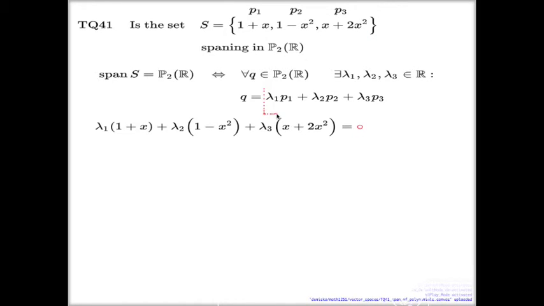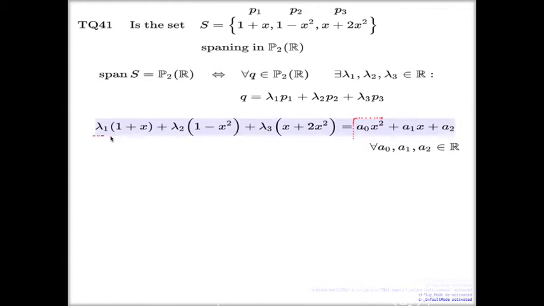For Q, since it's a polynomial of degree 2 or less, I'll give Q a structure. So that's the structure of my Q. And now my original question, whether this set is spanning, comes down to the question whether for any choice of coefficients on the right-hand side here, I can find lambda 1, lambda 2, lambda 3, which make this identity work.